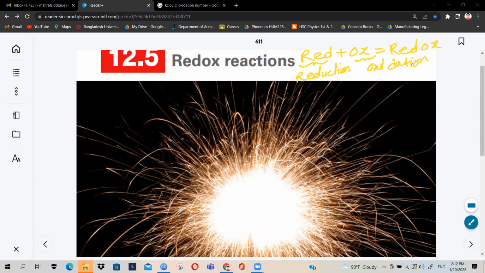Now what does reduction mean? Reduction means taking electrons. And what is oxidation? Oxidation means donating electrons.